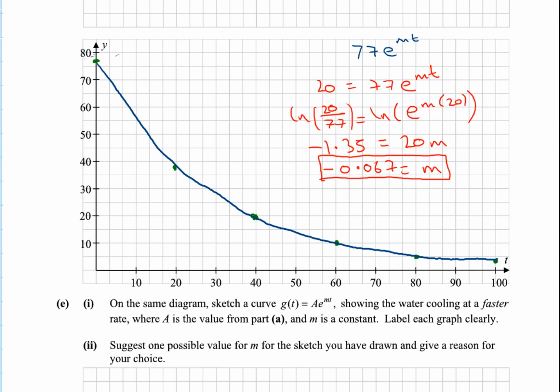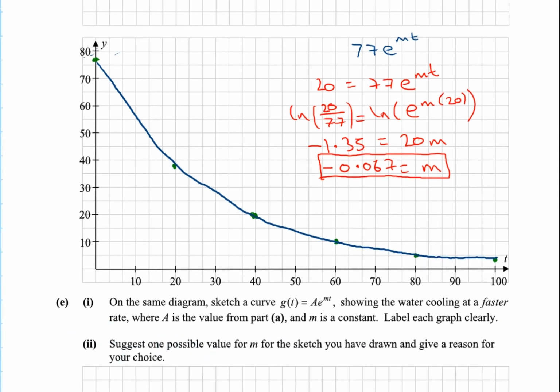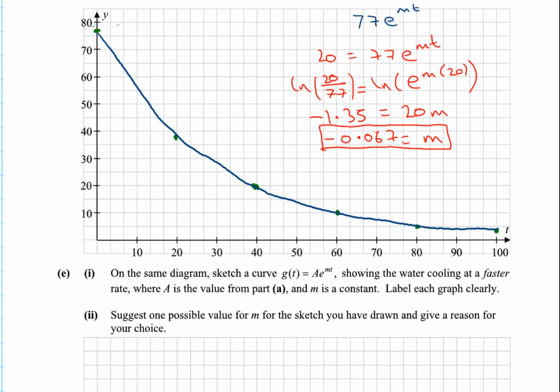So I've basically done, as you can see, part I suggests the possible value for m for the sketch you've drawn and give a reason for your choice. So really all I need to do is, we don't even need to do that up here, we can do it down below, but let's say we just pick something like this.